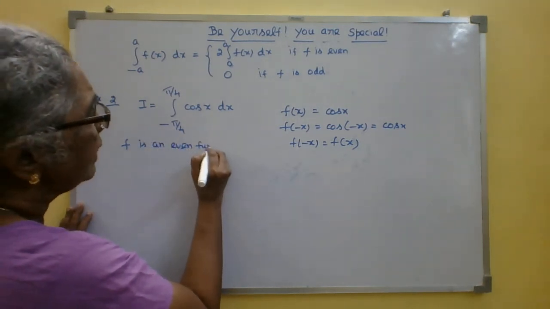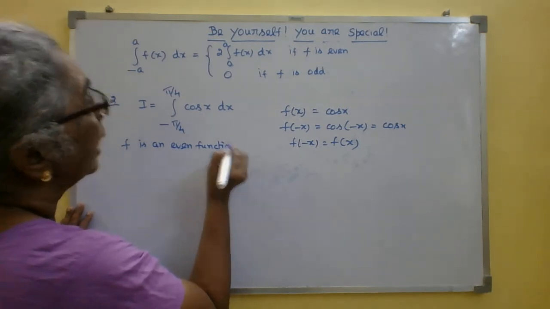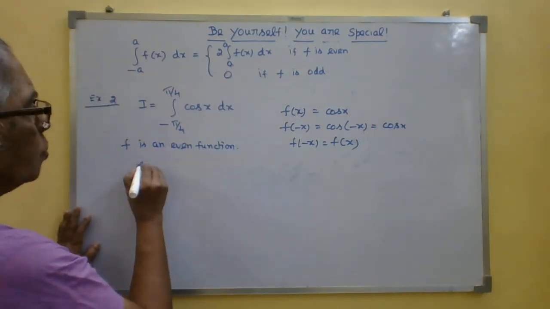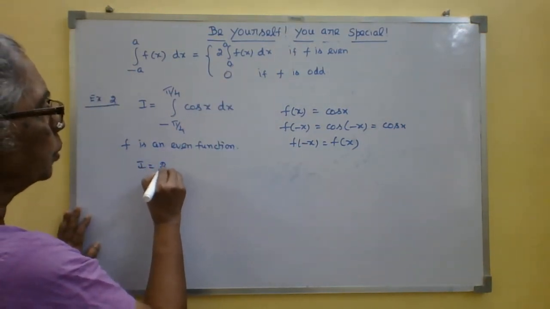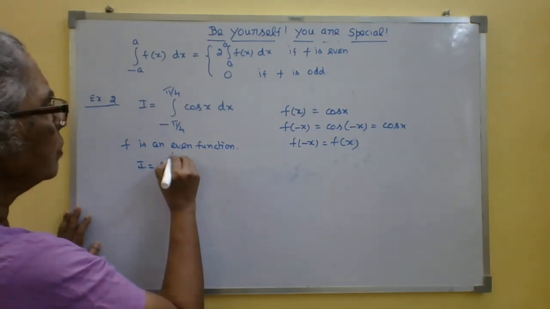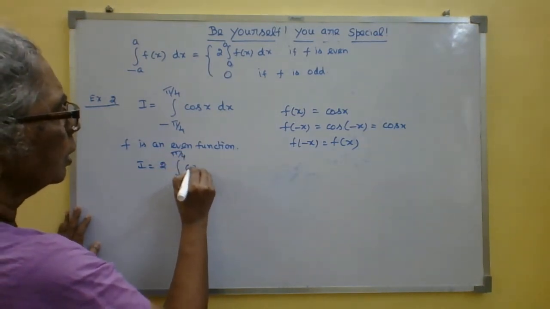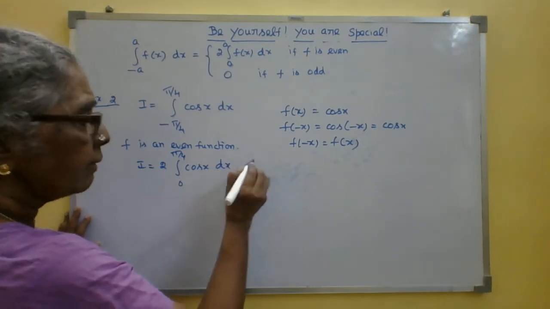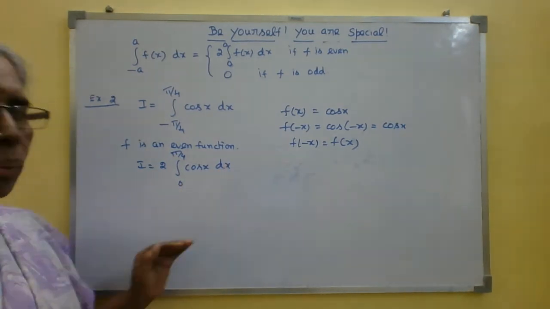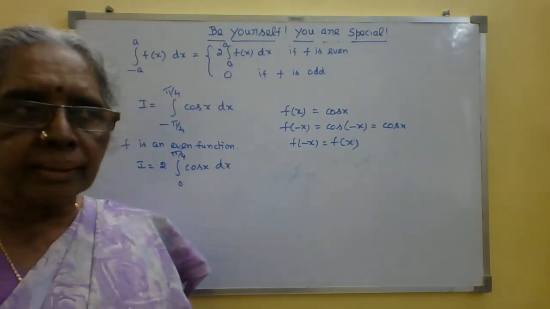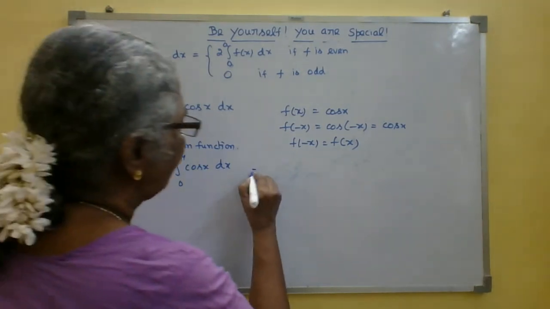So when f is an even function, now we have to apply this formula. So you will get now I is equal to twice integral 0 to pi by 4 cos x dx, right? So now cos x you have to integrate. What is the integration of cos x? That will be sin x.